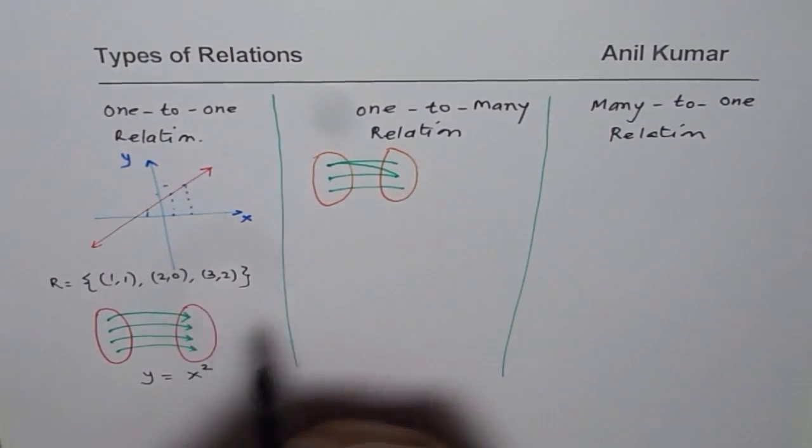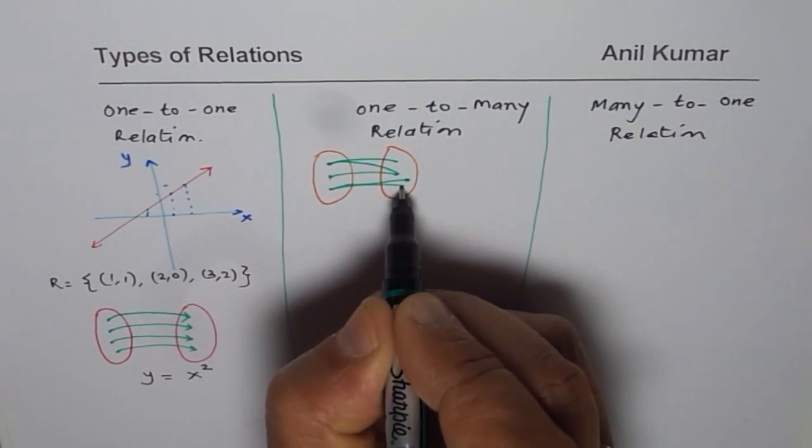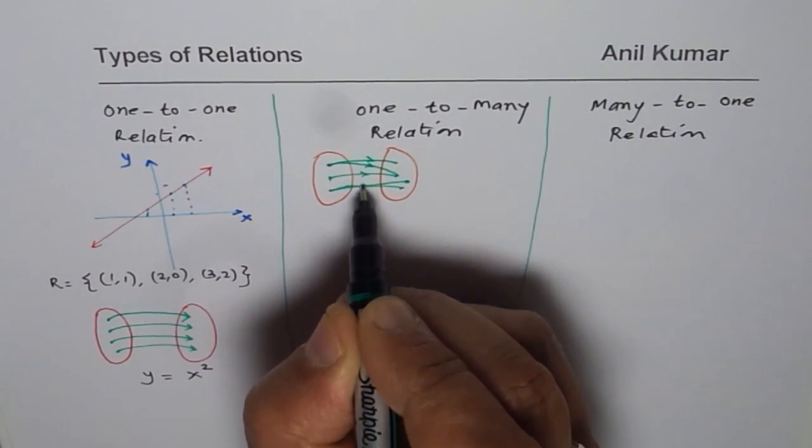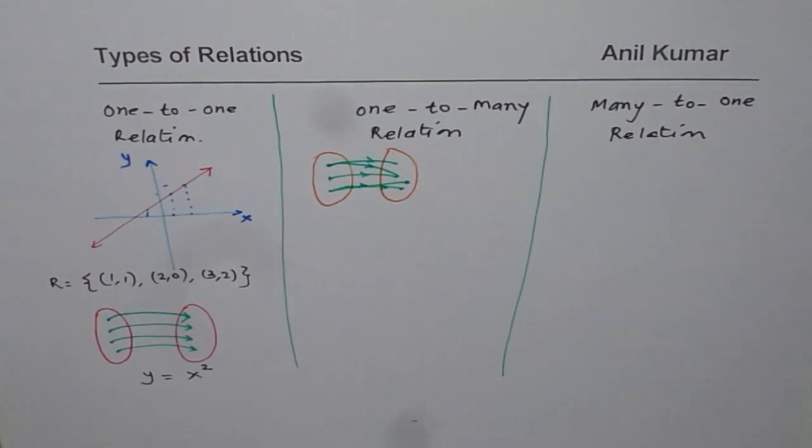Do you see that? One-to-many, right? Or kind of like this. That kind of a relation is one-to-many.